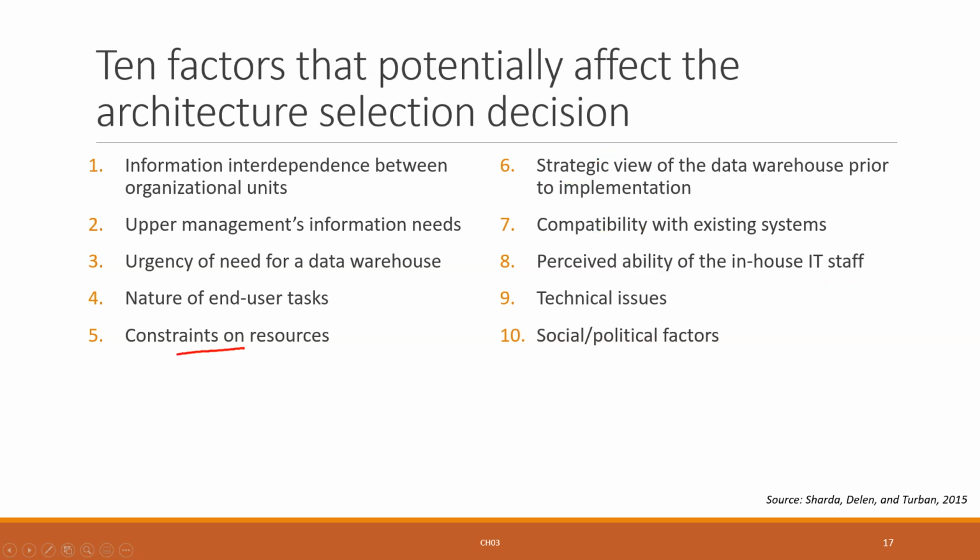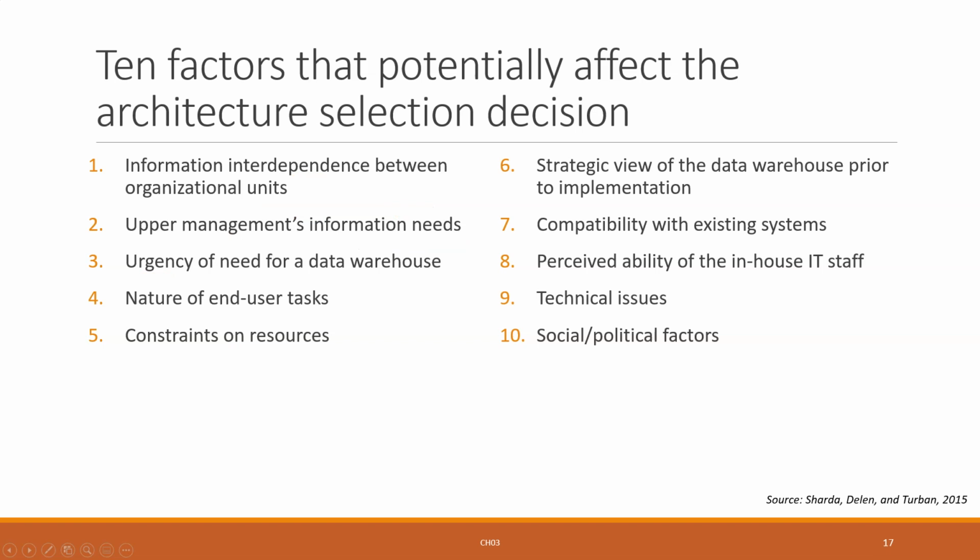Other constraints that might be on the system, also the type of people that will be using the system in the end. What the urgency is; a lot of times people might go for what's quick and not necessarily what's fast or best. And also, what type of information does upper management need? And of course, the number one is the interdependencies between organizational units and departments.